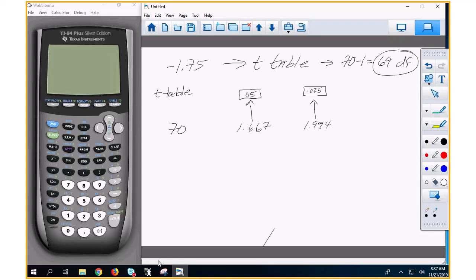So that means that your confidence level is going to be between 0.025 and 0.05. Your proportion or whatever is going to fall between 0.025 and 0.05.